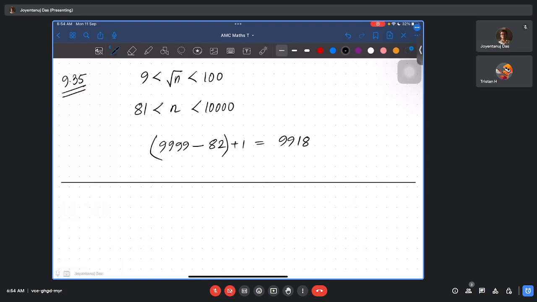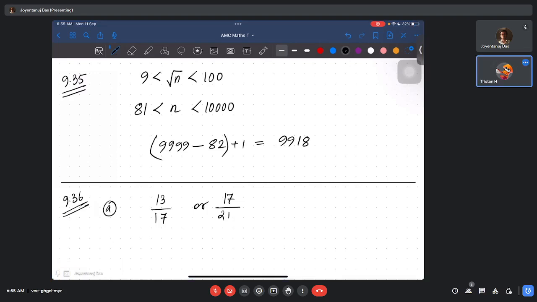Which fraction is larger? 17 by 21 would be larger.